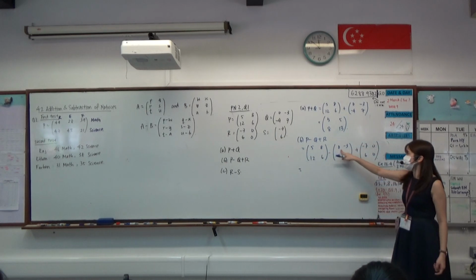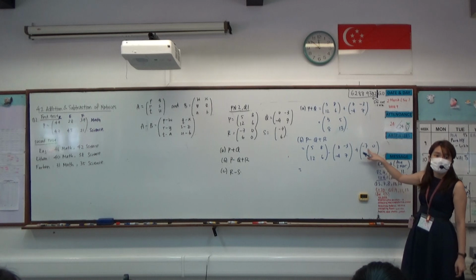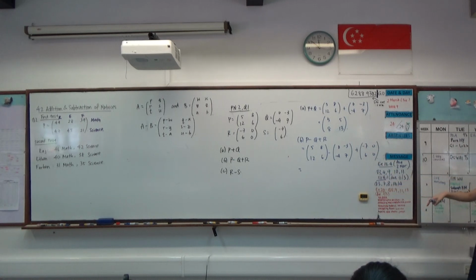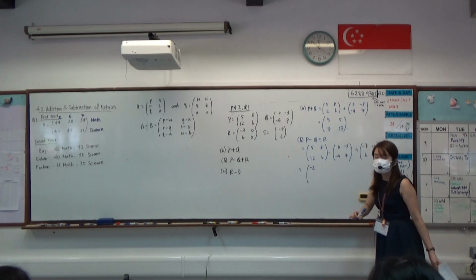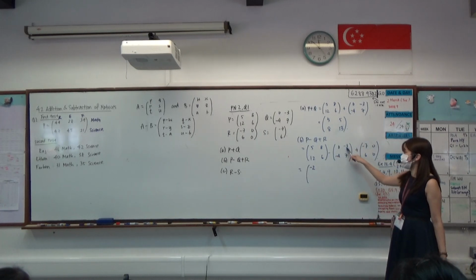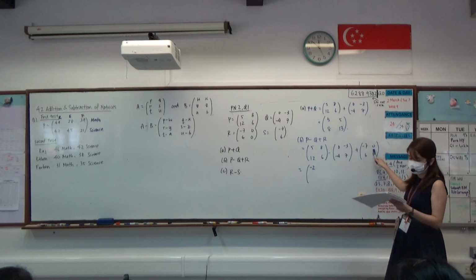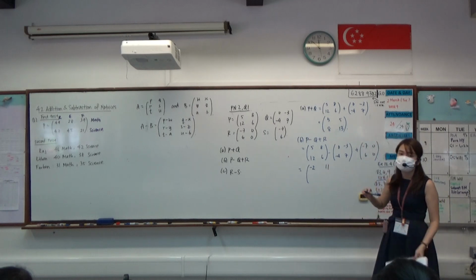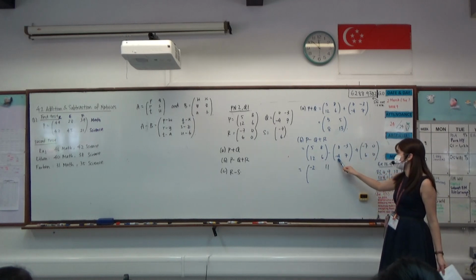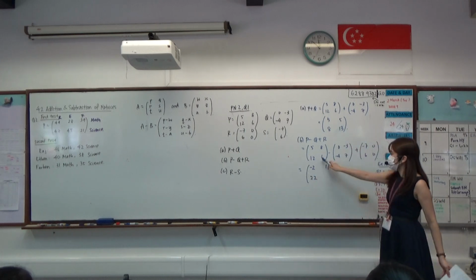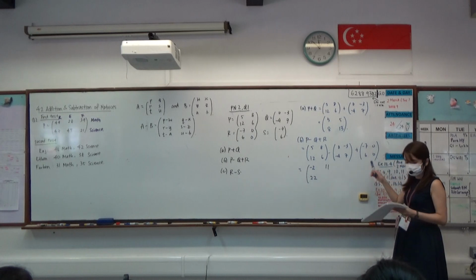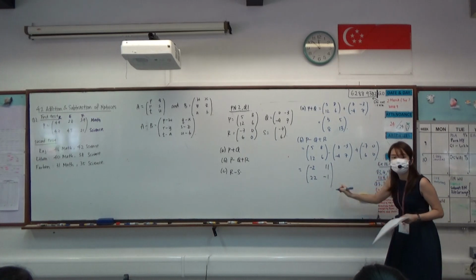So 5 minus 0 plus negative 7. Using our calculator, you would get negative 2. Then 8 minus negative 3 plus 0, I will be getting 11. 12 minus negative 4 plus 6, we get 22. 6 minus 7 plus 0, we get negative 1.